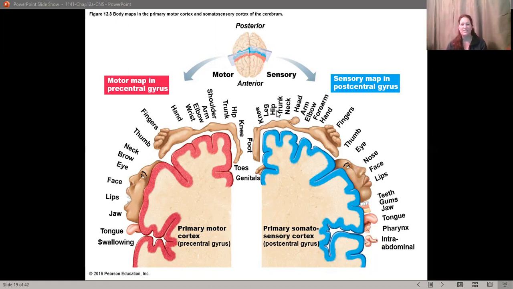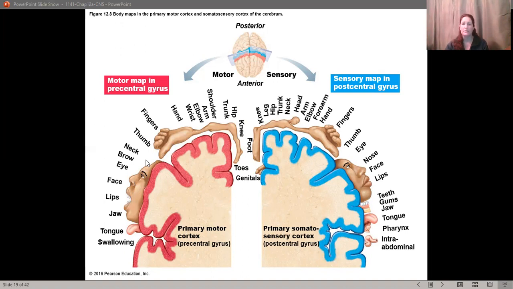You do need to understand that neurons are grouped together in areas of the cerebrum, and that the number of neurons is not proportionate to body area. It is very disproportionate, with much greater representation of our face and hands.